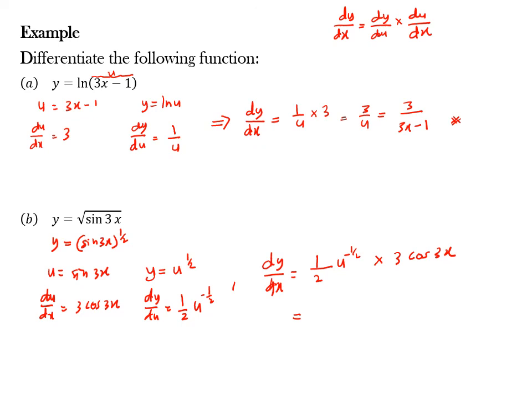So you get sine 3x power negative 1 over 2 divided by 2, times 3 cos 3x. We now simplify it. This can be changed to 3 cos 3x over 2 square root of sine 3x, because the negative power, when we bring it down, becomes positive. So that's it.